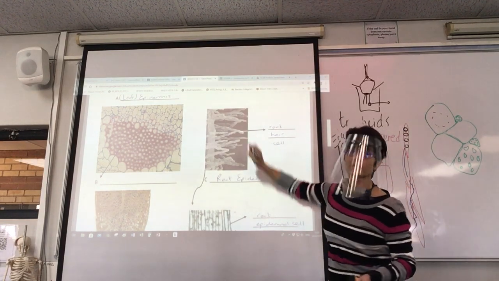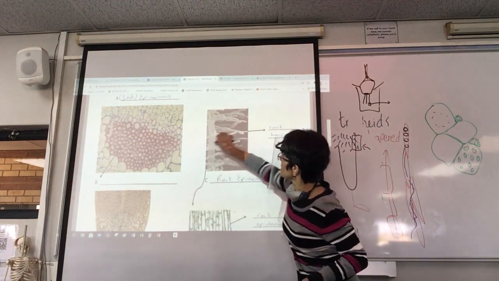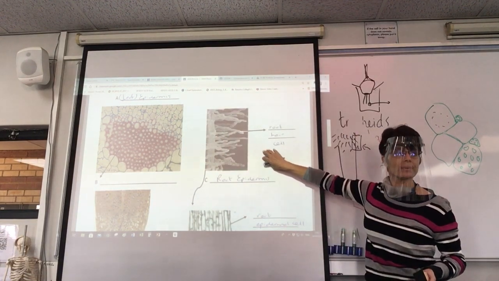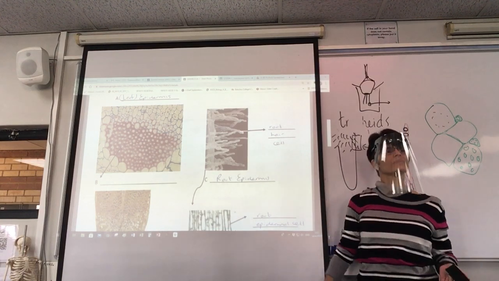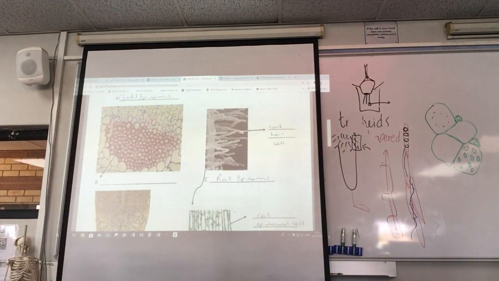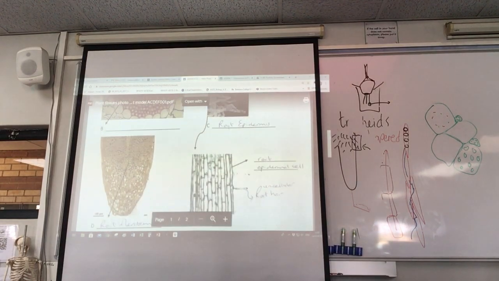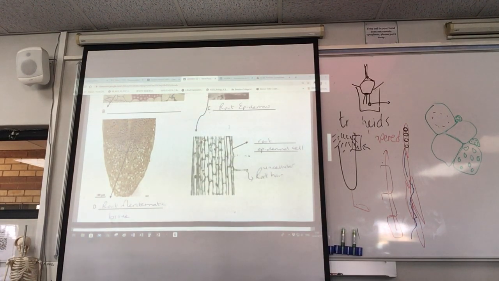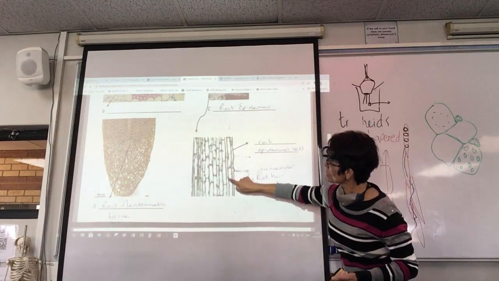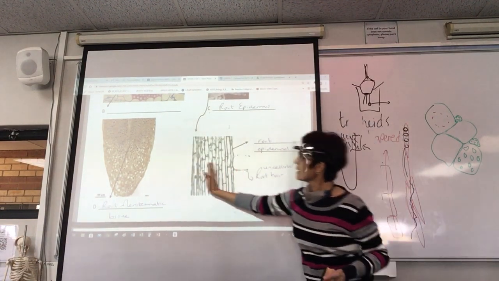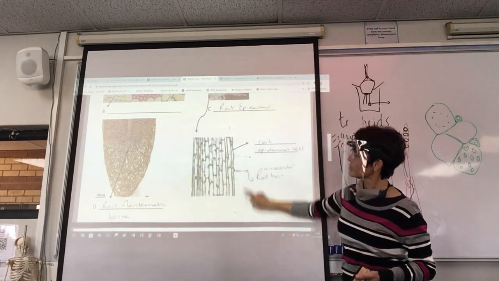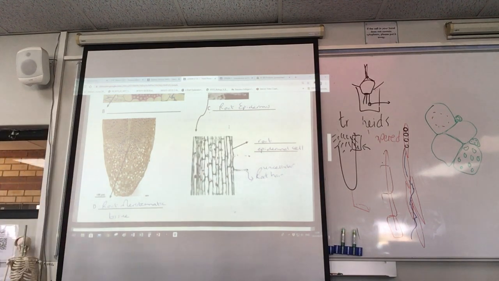There's the cells there, and these are the root hairs, and that's taken with what type of microscope? Light. It's quite three-dimensional. Oh, wait. Yeah, scanning electron microscope, but there it's taken with a light microscope. Just some of them sticking out. You can see the epidermal cells. I think those might even be parenchyma inside, and there's the epidermis, and there's the root hair. The root hair is part of the cell.